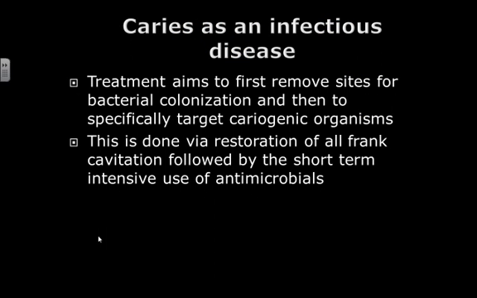So we look at caries as an infectious disease. When we treat this infectious disease, our aim is to remove all the sites for bacterial colonization. And then we specifically target cariogenic organisms. How do we do that? Well, as part of our treatment in urgent care, we're going to restore all frank areas of cavitation.